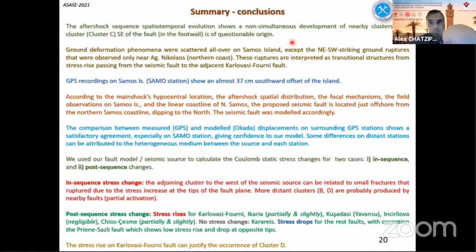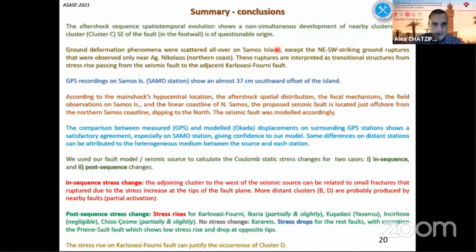To conclude, some of the main conclusions: the aftershock distribution shows development of different clusters, and we believe that those clusters were formed due to the reactivation of adjacent faults due to the stress drop or stress rise from the main fault.